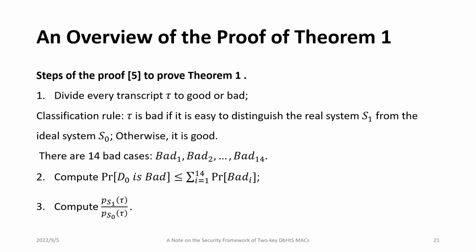They defined tau as bad if it is easy to distinguish the real system S1 from the ideal system S0. Otherwise, it is good. There are 14 bad cases, bad 1, bad 2, until bad 14. Second, they computed the probability that D0 is bad, whose upper bound is the sum of the probabilities of these 14 bad cases. Then, they computed the ratio.